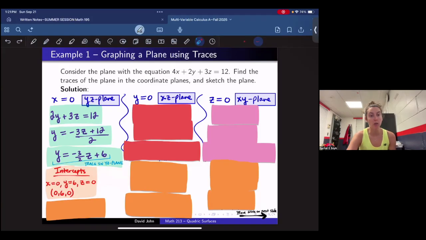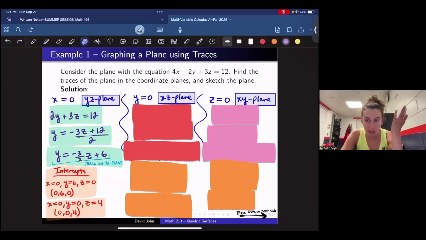So x is 0, y is 0, and now z is 4, which is what we have down here. And so these are our intercepts for our YZ plane.